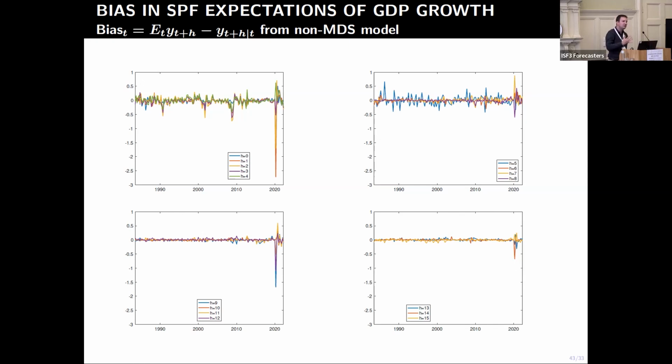In other terms, there's really not much to be gained from treating the SPF forecast as potentially biased. Also in this figure, as the horizon increases, there's more and more bias. Clearly, yes, absolutely.